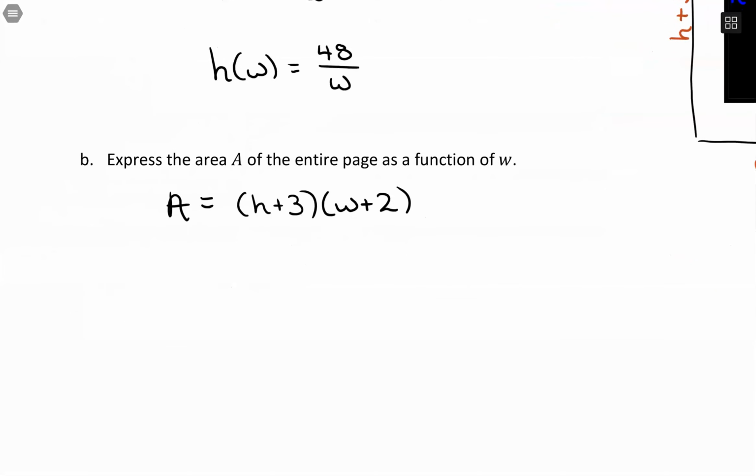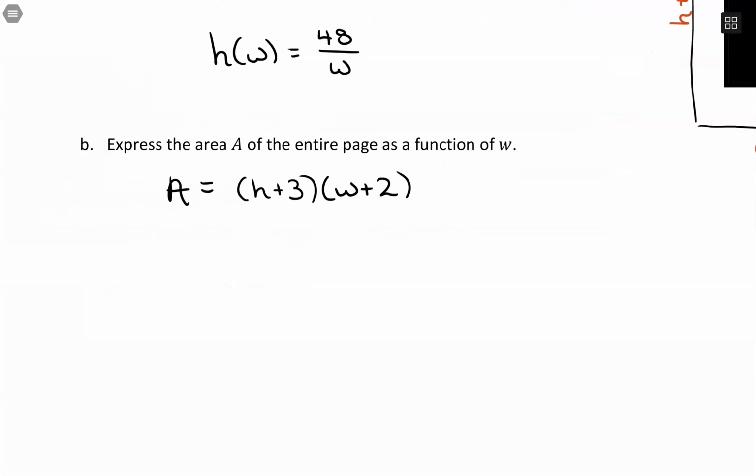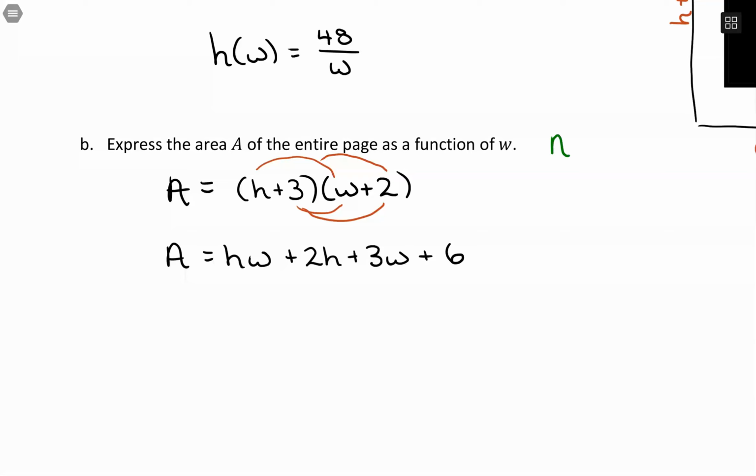And I'm going to FOIL this out. I'm going to multiply the first, outer, inner, and last. What that'll give me is H times W plus 2 times H plus 3 times W plus 3 times 2, which is 6. So I want area as a function of W, so I don't really want to see H in here anymore.